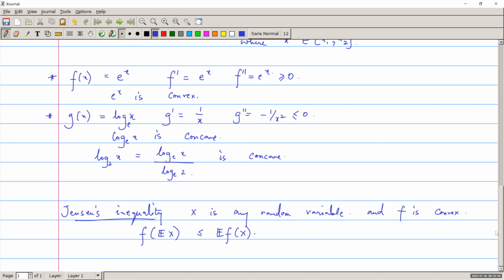But regardless, the function of the expectation of x will be less than the expectation of the function of x. And of course, if g is a concave function, you'll have this inequality in just the reverse direction.